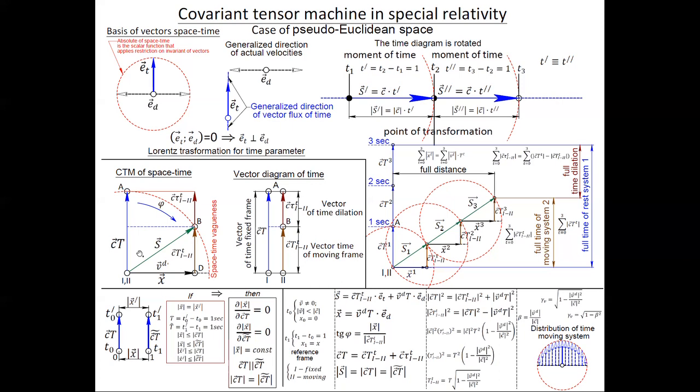CT doesn't depend on another frame, and adding the velocity of another frame doesn't influence CT. In addition, it is well known that the velocity of a reference frame is a vector attached to a point.